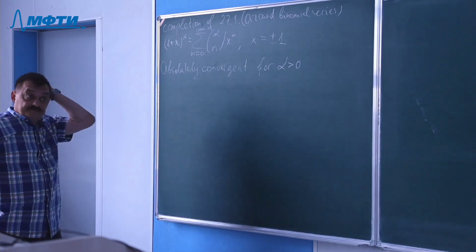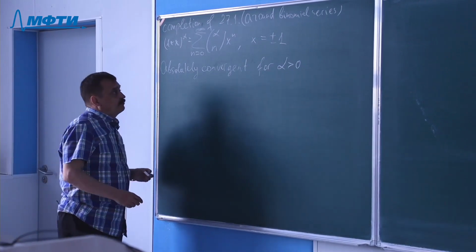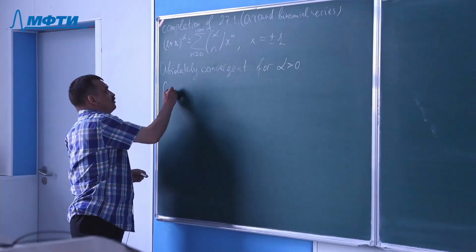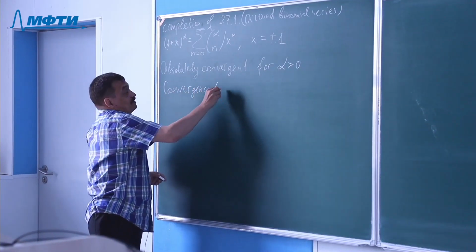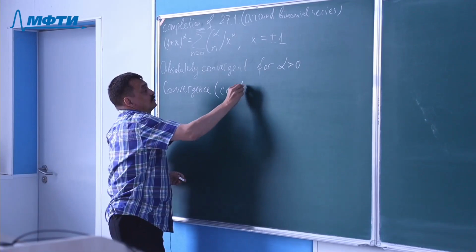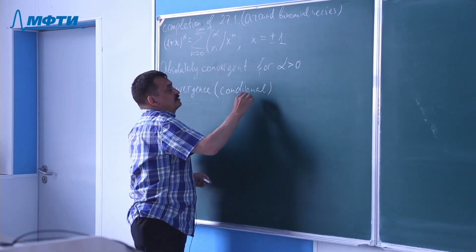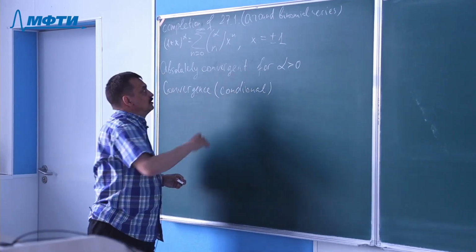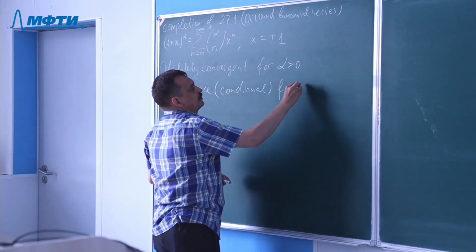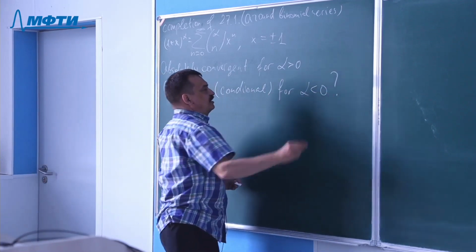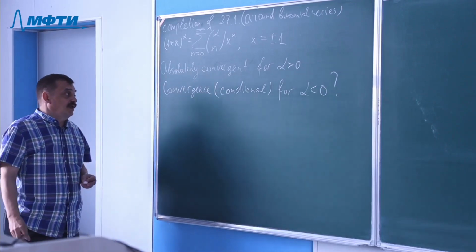And so now the question is about conditional convergence, because absolute convergence is studied for alpha less than 0. That is the question.